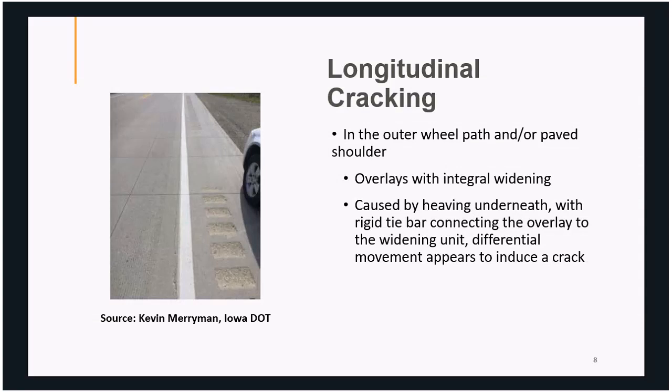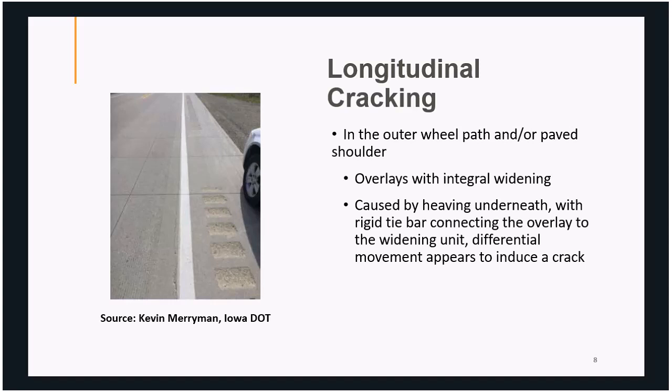So for this project here, there was longitudinal cracking in the outer wheel path and/or the paved shoulder. This cracking has been observed in overlays with integral widening. The widenings are generally tied to the mainline overlay, and this cracking was believed to be caused by the heaving underneath with rigid tie bar connecting the overlay to the widening unit.